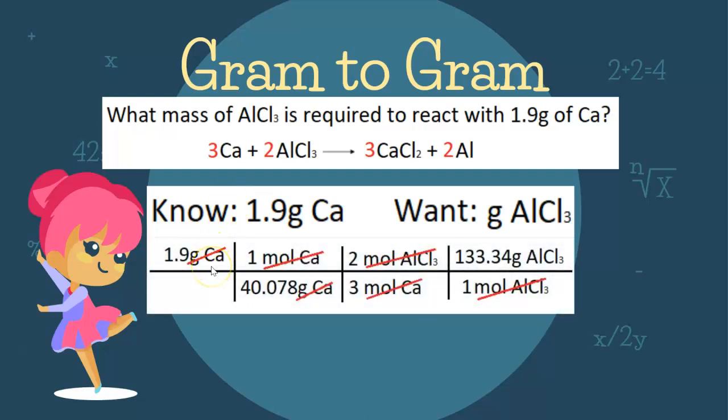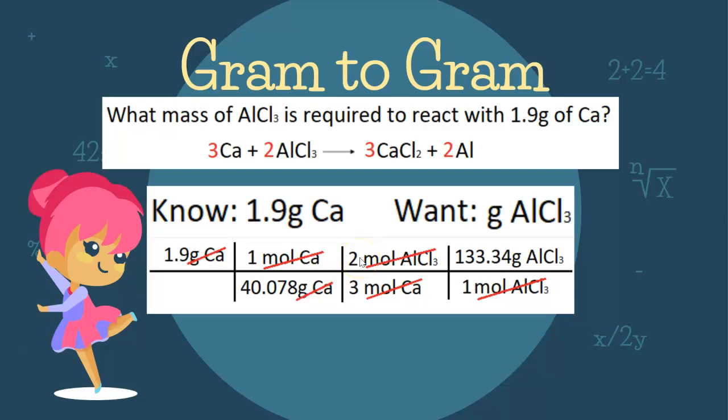So starting with 1.9 grams of Ca, if we have grams of Ca on top, we want the molar mass of Ca next at the bottom, which is 40.078, which is from the periodic table since Ca is an element. And molar mass is equal to 1 mole, so 1 mole of Ca. For every 3 moles of Ca, so 3 Cas, there are 2 AlCl3s, so 3 to 2 mole ratio.